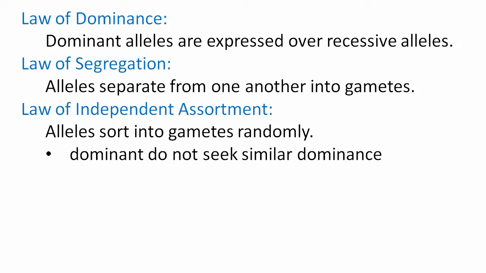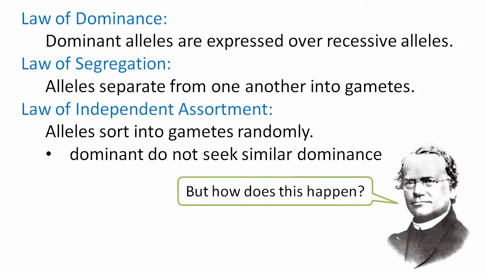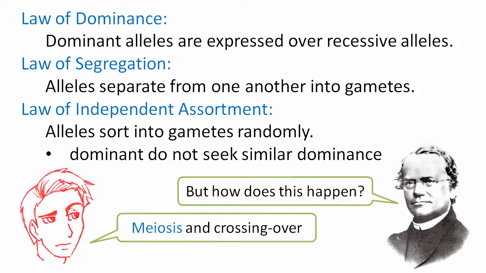The problem is, Mendel was able to predict all three of these laws, but he had no idea how this happened. If you've been paying attention, and if you've studied meiosis already, you'll realize that meiosis is the key to all of this. Meiosis allows for those alleles to segregate from each other, and meiosis allows for the independent assortment of those alleles by crossing over.